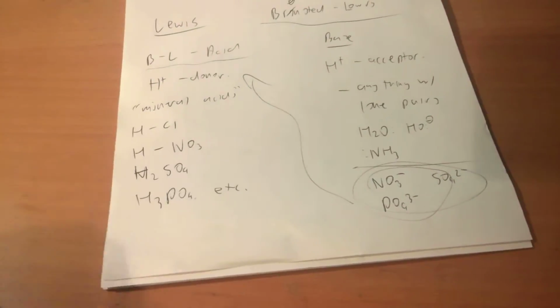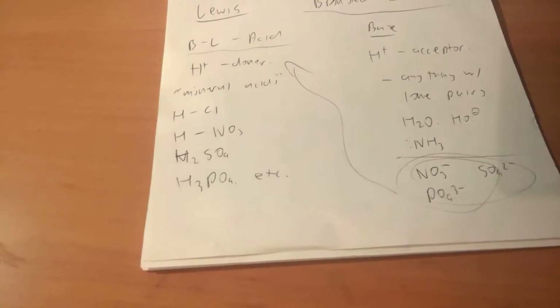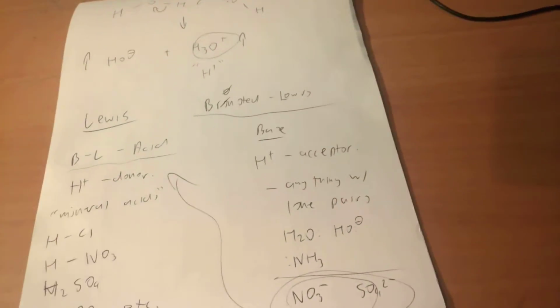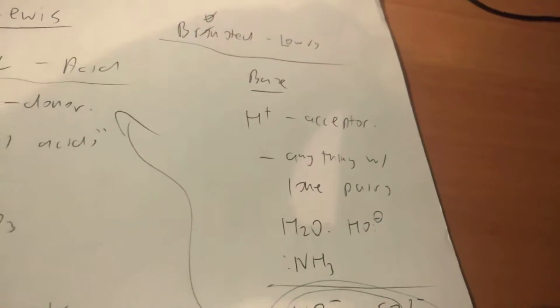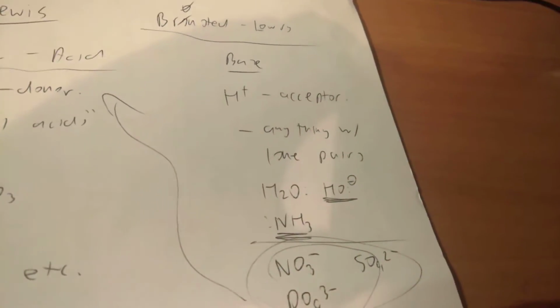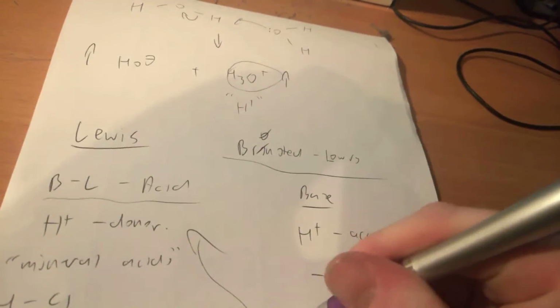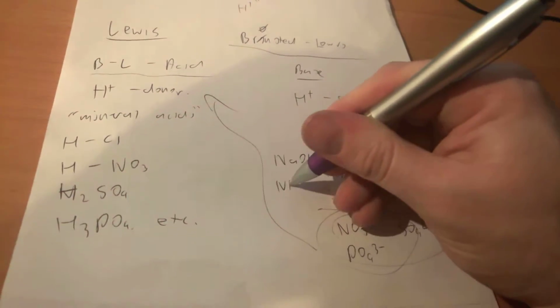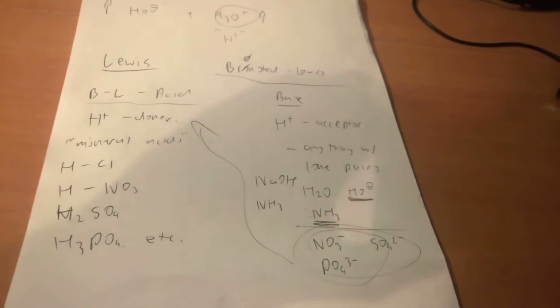These are all either gases or liquids, if you chuck them in water, they'll give you an acidic solution because they give out protons. Bronsted-Lowry bases, traditional ones are hydroxide and ammonia, so you might have NaOH, move the camera, and an NH3, which I've listed there.